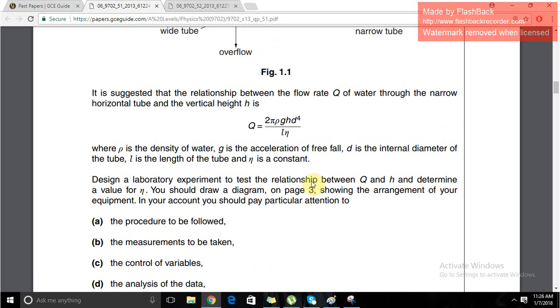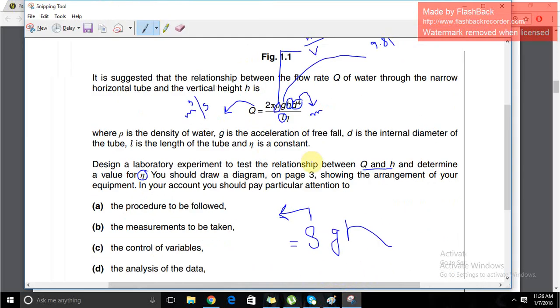And analysis of the data is something you should know. As I said, this is what y is and this is what x is, and we want to change this equation into a straight line equation form because those are the easiest to analyze the relationship between two factors. So if this is Q and we want this in the form y equals mx plus c, you get the idea that there isn't any c.